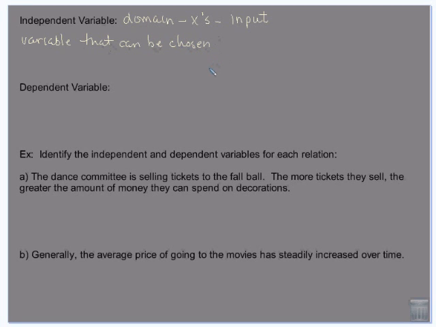Or it's a variable that we have no control over. And by that I mean time. Time is going to pass whether we want it to or not. Time is independent. Do you guys all agree? So the independent variable is the variable that either we can choose the number or it's a number that we have no choice over, like time, because time will continue to pass.